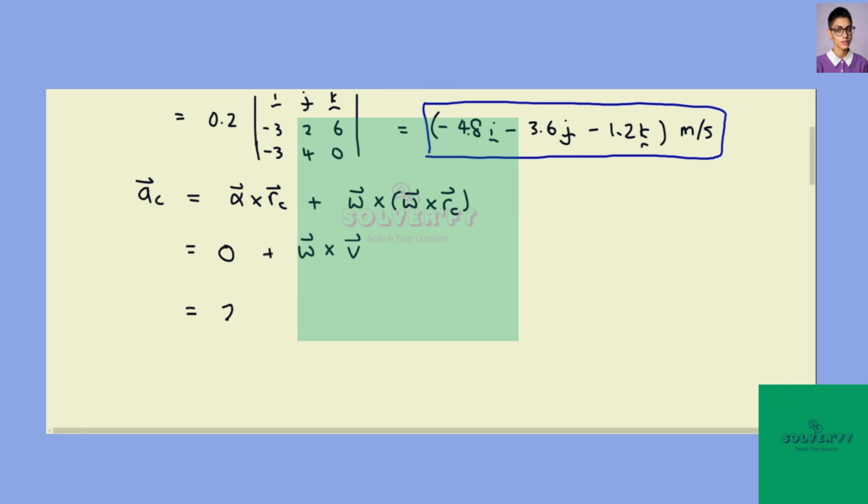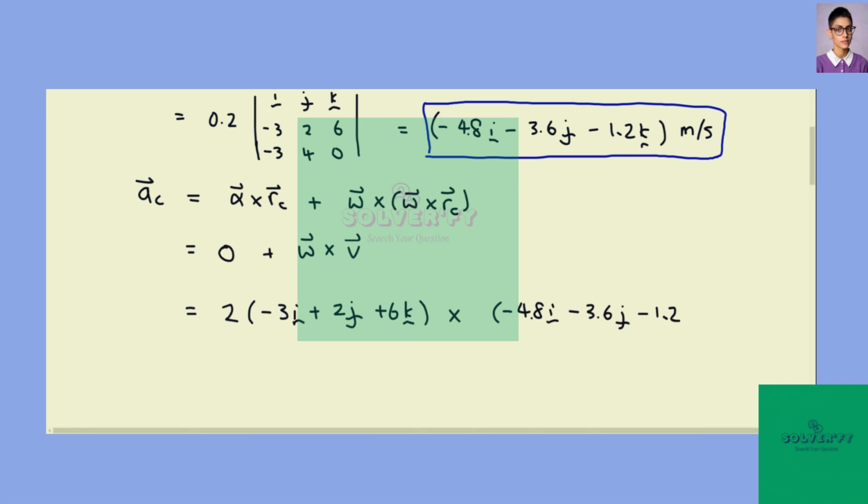So omega is 2 times minus 3i plus 2j plus 6k, and our velocity vector is minus 4.8i minus 3.6j minus 1.2k.